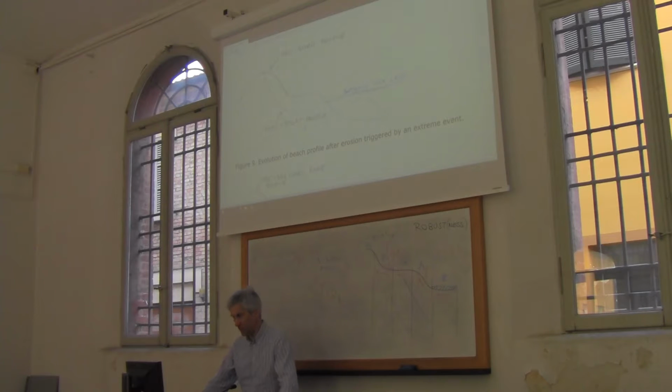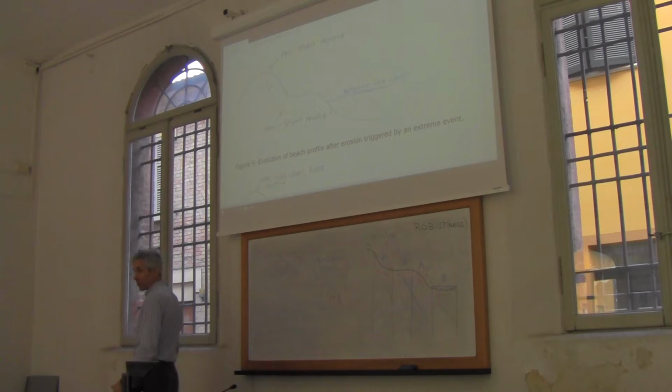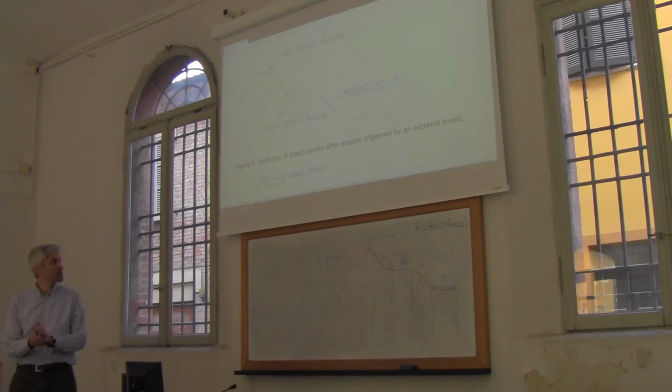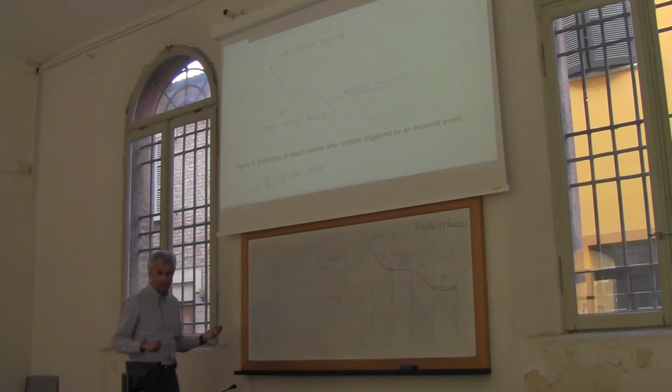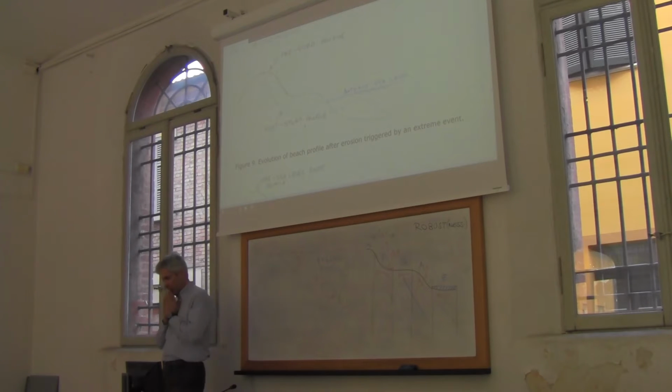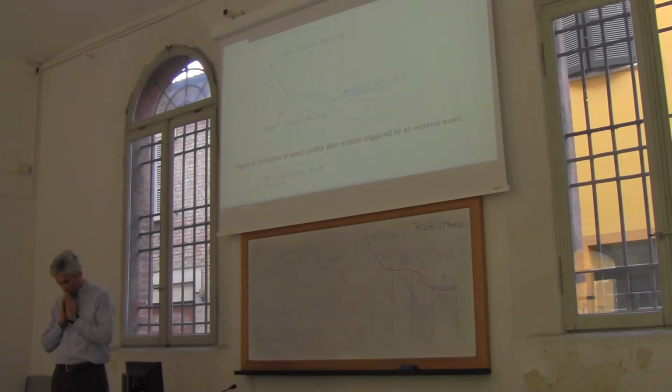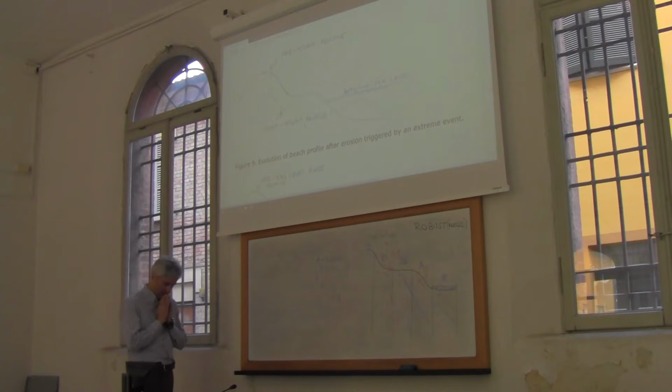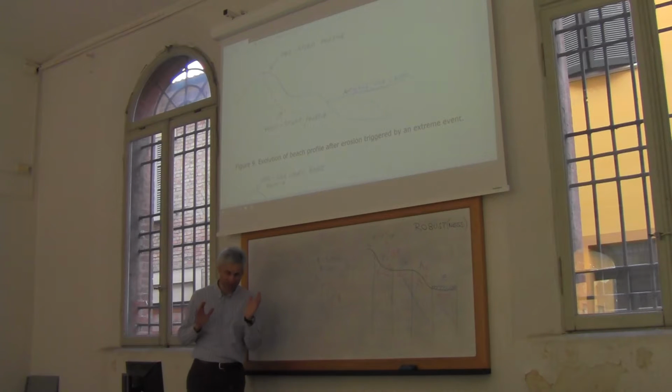So let's see what happens when, for instance, you have a storm. A storm, so a short-term process, and so it means that the storm implies big waves. Before I move forward, let me just remind you how we define wave behaviors.